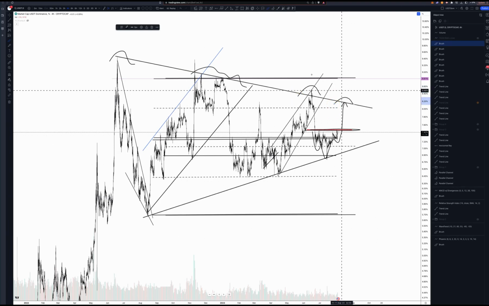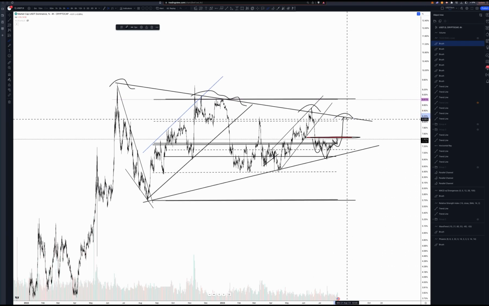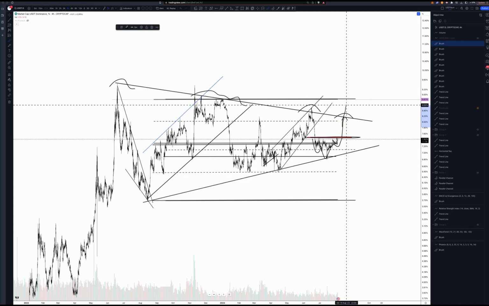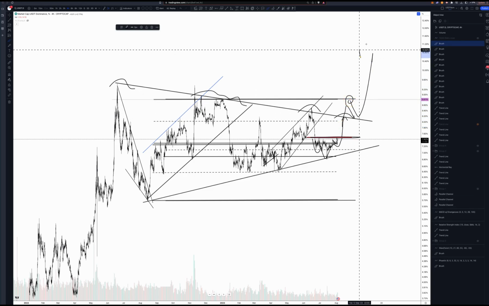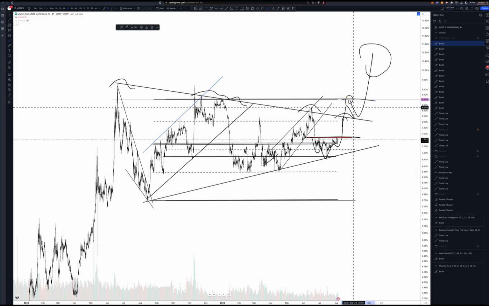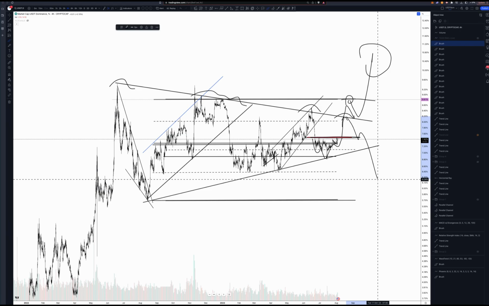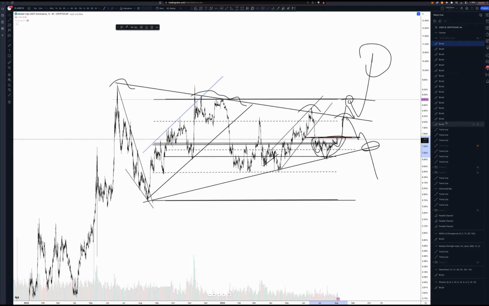But this is a macro continuation pattern, and if it breaks above it, it's likely to continue on, and then we have a significant fall. If it gets that, then we're on. But at the moment, we're in this level that's looking dangerous for us.